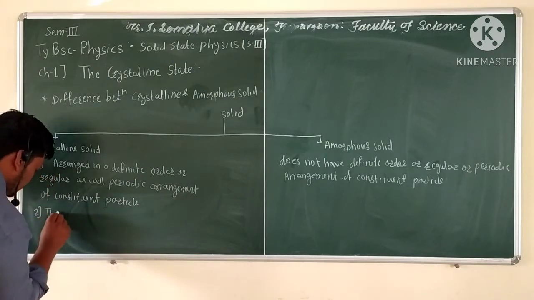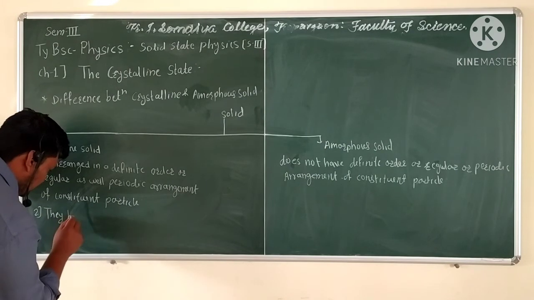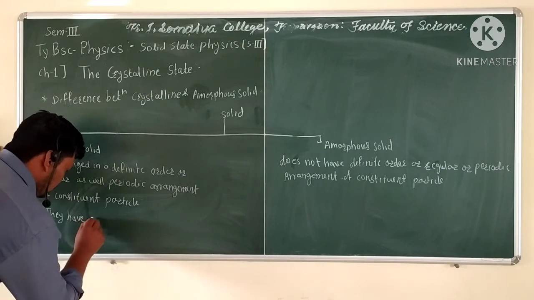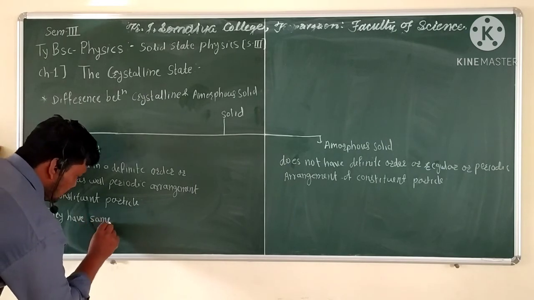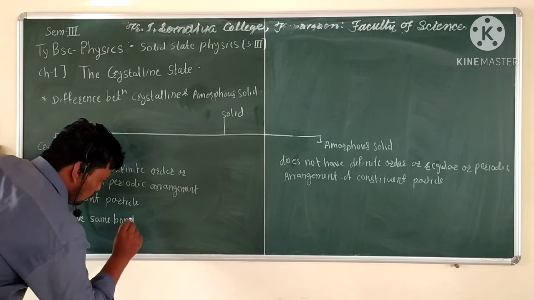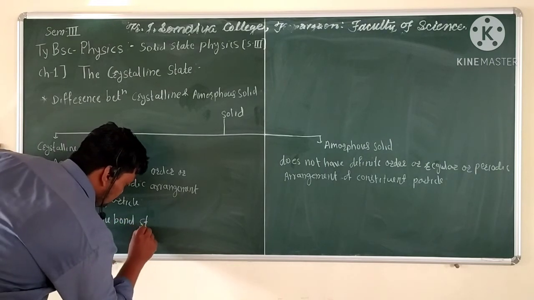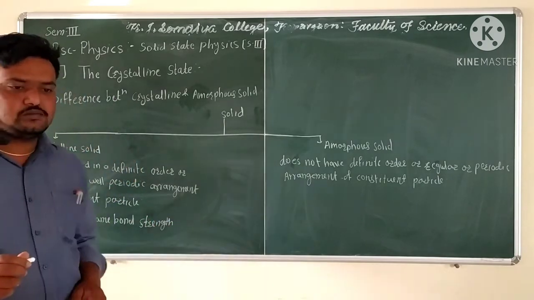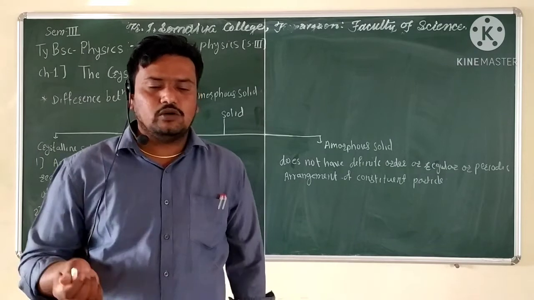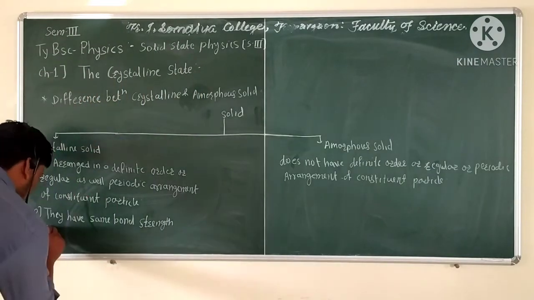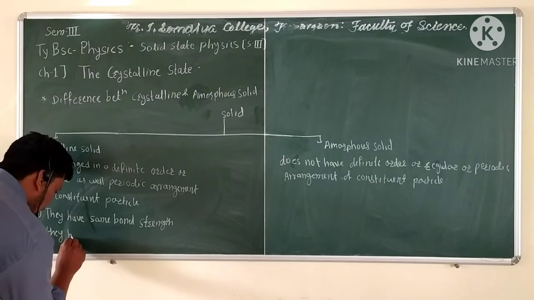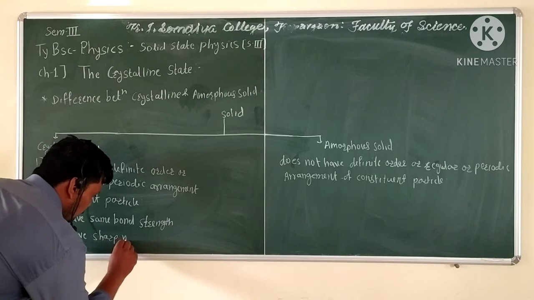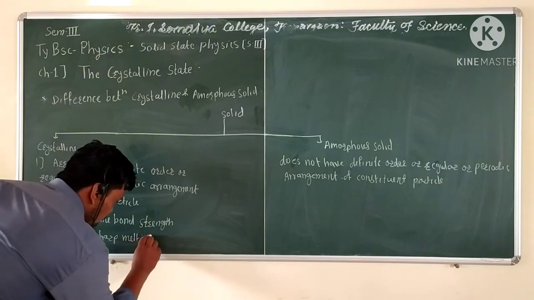The second point is that in all crystalline material the same atom or molecule has the same bond strength, and they also have a sharp melting point.